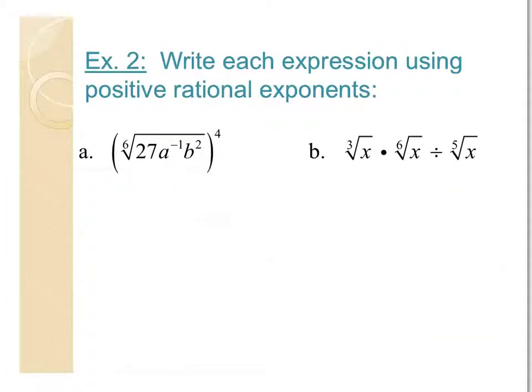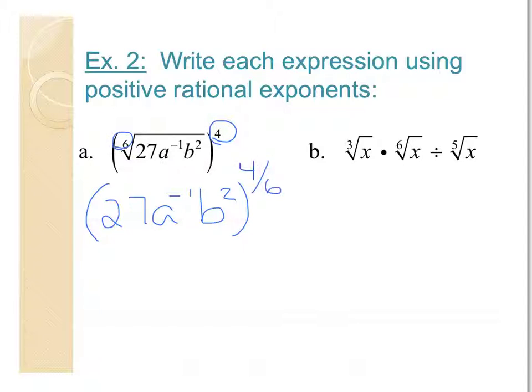Example 2 says to write each expression using positive rational exponents. So the first thing I would do is go through and take the 27, a to the negative first, b squared, and raise it to the power over the root. So you have 4/6. Now, it might be quite easy to just erase that 4/6.